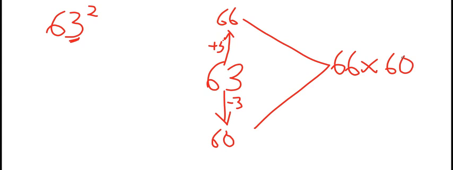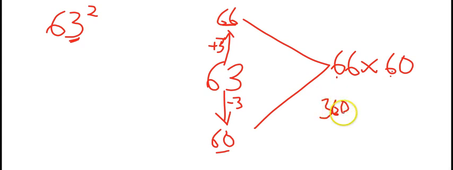Because we subtracted 3 from 63, we have to add 3 to 63 and get 66, and these two extreme numbers are multiplied. Again, we can ignore our 0 and multiply 6 by 66. So 6 times 60, or saying 6 times 6 is 36, right? So 6 times 60 will give us 360.